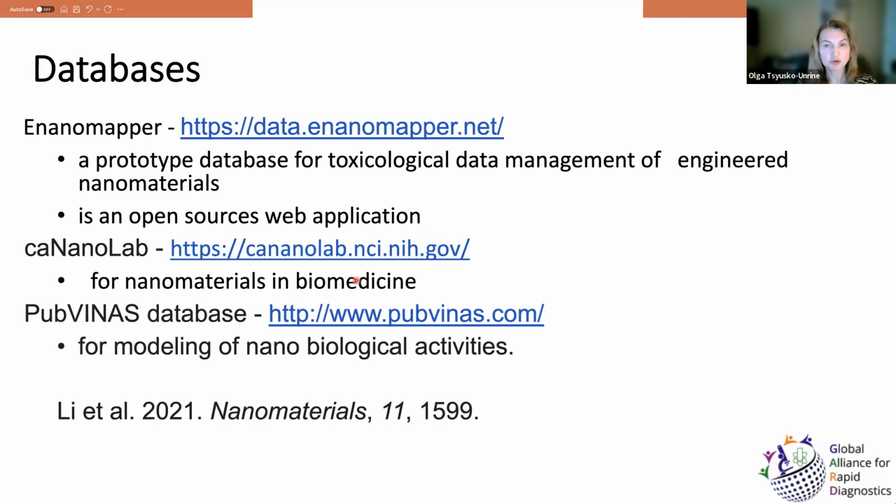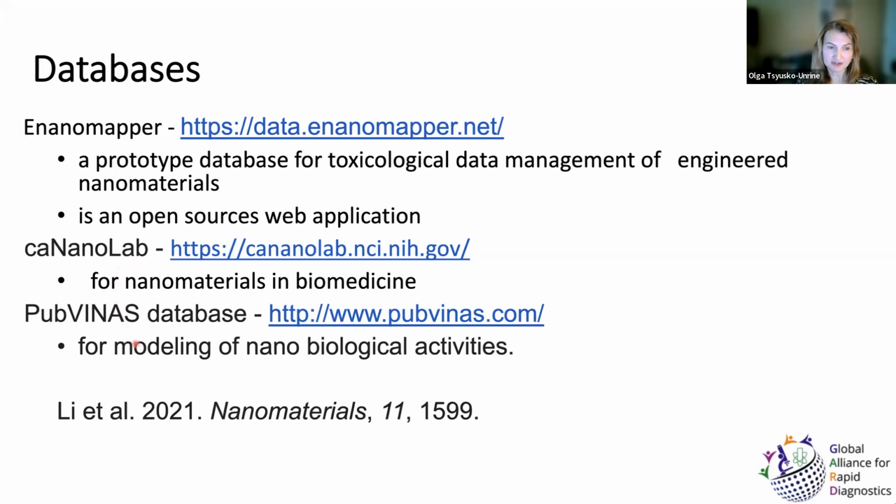For example, if you want to look at toxicology of different engineered nanomaterials, you can use NanoMapper. Or if you want to look specifically for nanomaterials that are used in biomedicine, then the database that already collects toxicity based on properties and interactions is Nanolab.